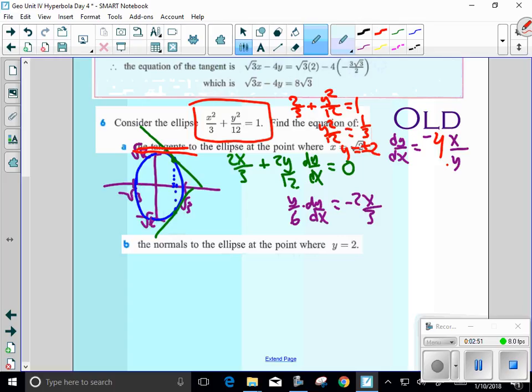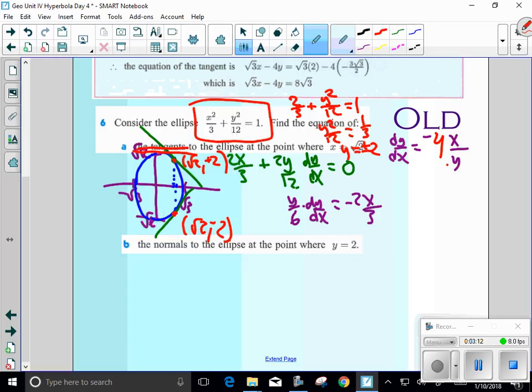So is that reasonable, if x is square root of 2, that we'll have two y values? One below and one above. So we have two points. We'll have one that's square root of 2, negative 2. And the other point is square root of 2, positive 2.